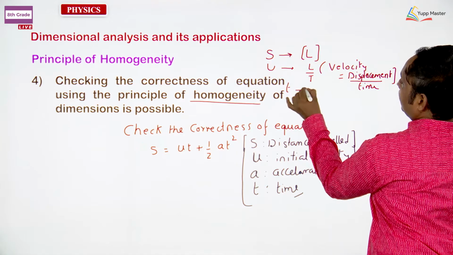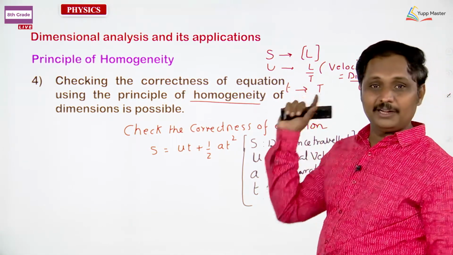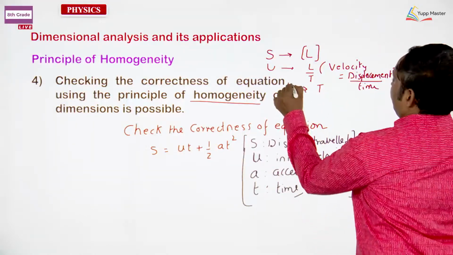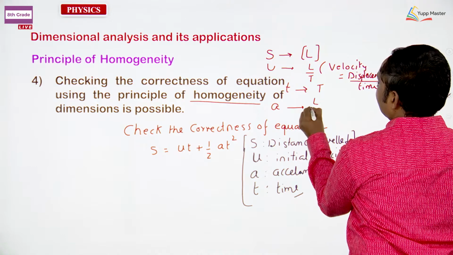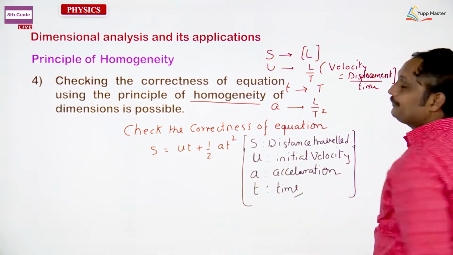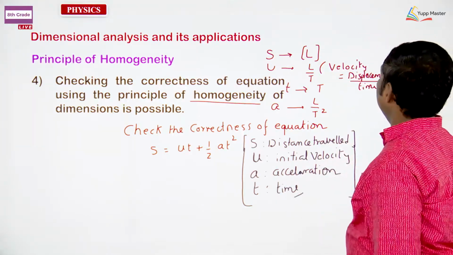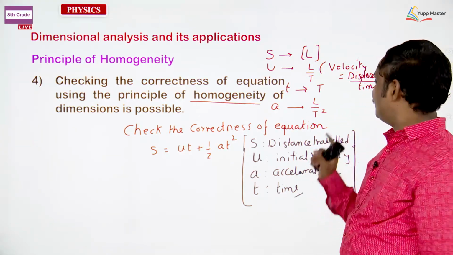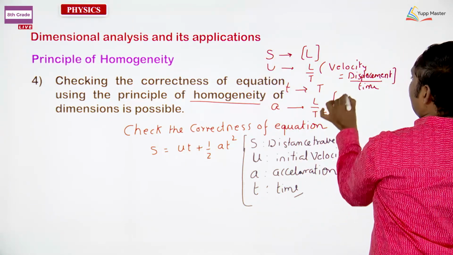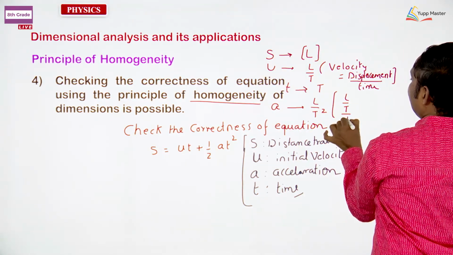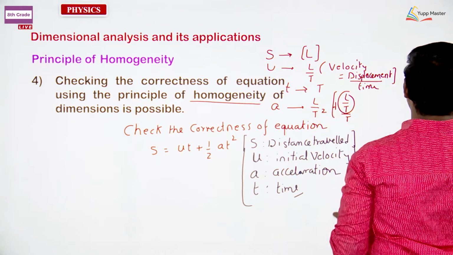Obviously, T is in terms of T, taken as a fundamental quantity. And acceleration a can be expressed as L by T square. Acceleration is the rate of change of velocity, so simply it is of the kind L by T by T. This is the rate of change of velocity.